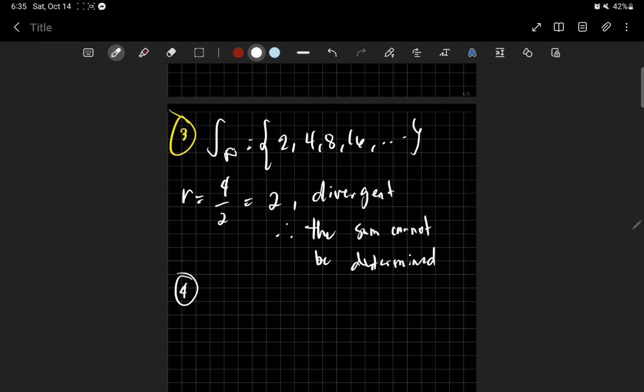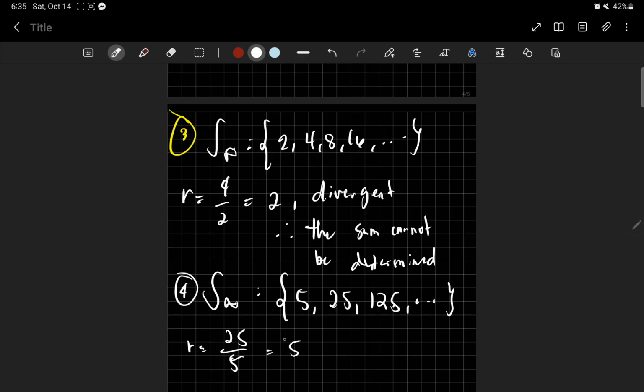Nakuha? Ano pa example natin ng divergent? Let's say we have to find the sum of an infinite geometric series of 5, 25, 125, and so on. Okay, so ano ba yung common ratio nito? That is 25 over 5, that is 5, which is greater than 1.